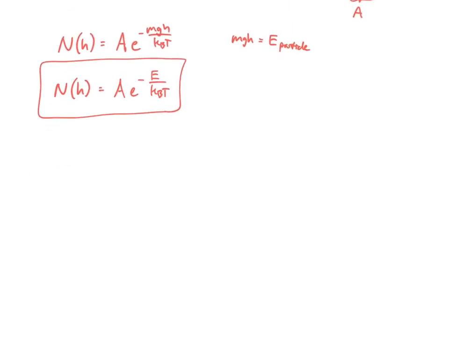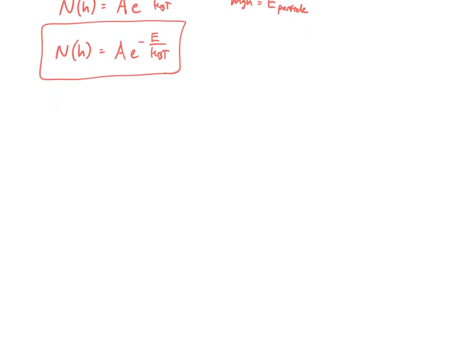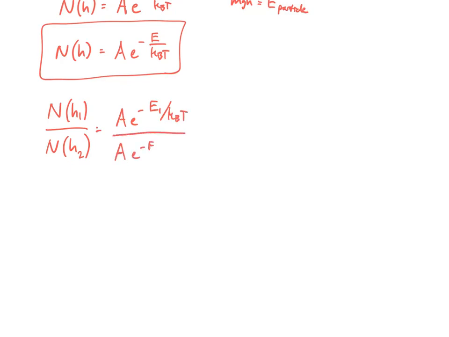All right, well, that was the main point of this worksheet, but I want to just point out a few more things. If you take the number of particles at some height 1, maybe it's higher or lower, and then you divide by the number of particles at a different height, height 2, then you get A e to the negative potential energy at height 1 over kBT, divided by A e to the negative E2 over kBT, like so.